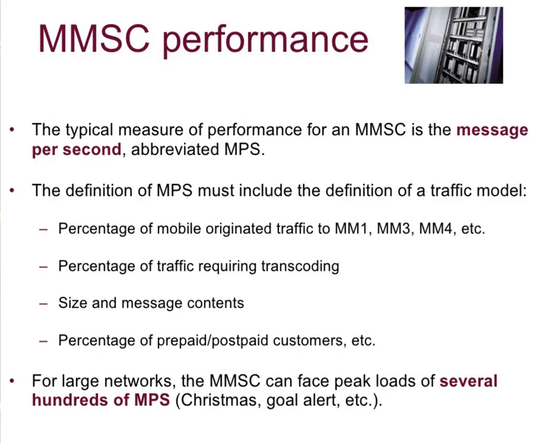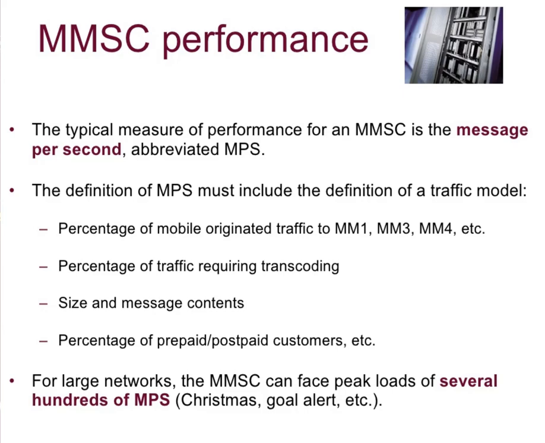Then MMSC performance, how do you obtain this performance? Typically the performance is measured by messages per second, abbreviated as MPS. The MMSC gives its performance based on the messages per second it sent. So it includes various traffic models: traffic from mobile to mobile, traffic over MM1, MM3, MM4, percentage of traffic requiring transcoding, size and message content, percentage of prepaid and postpaid customers.